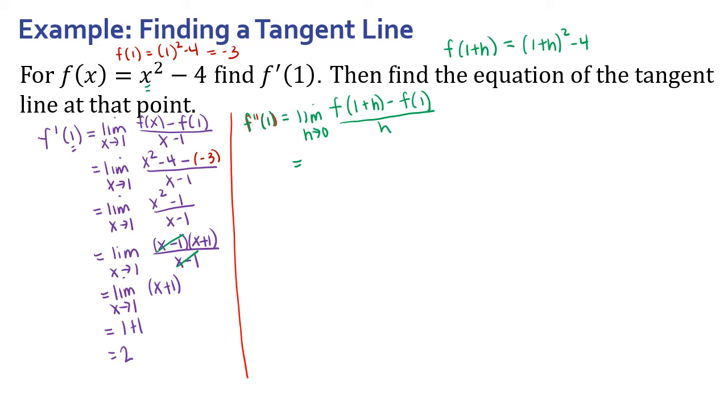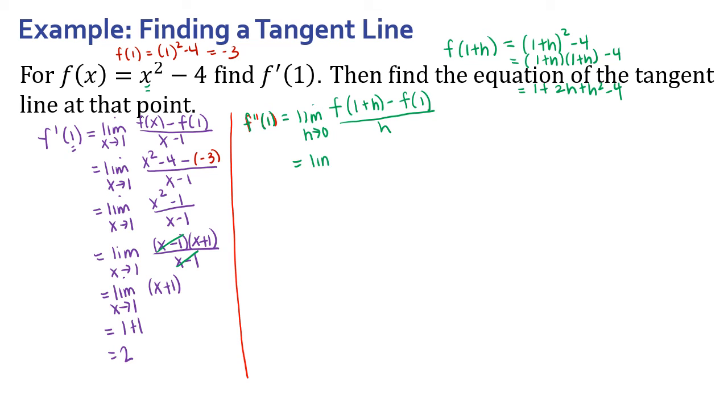Okay, now remember that 1 plus h squared is the same thing as 1 plus h times 1 plus h. We can't just distribute that squared through. We need to actually FOIL this whole thing out. So that's going to give us 1 plus 2h plus h squared minus 4. All right, so now let's plug all of that in.